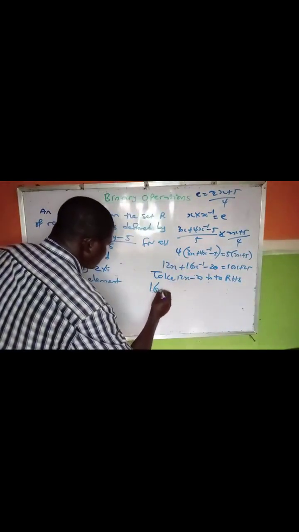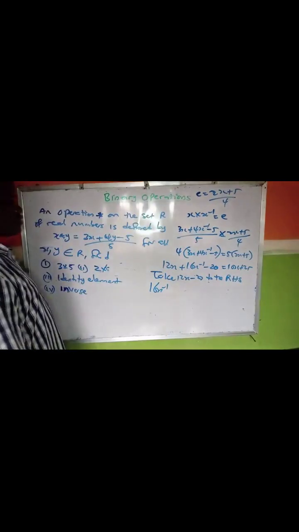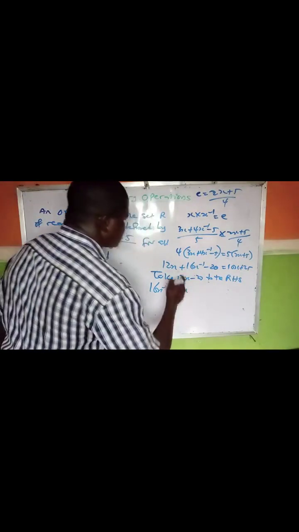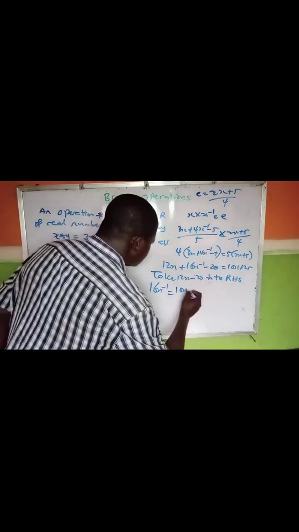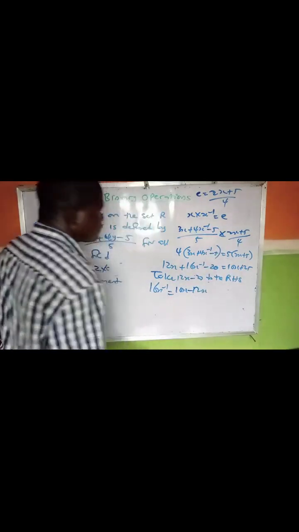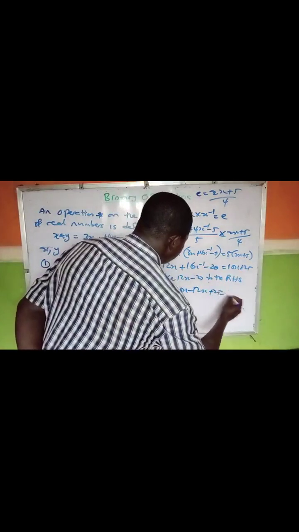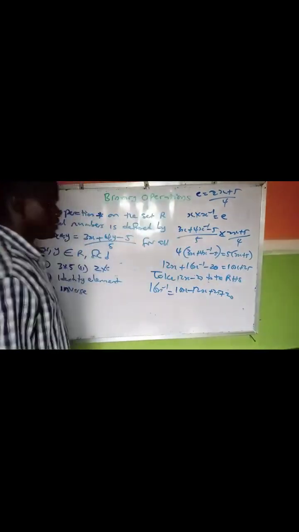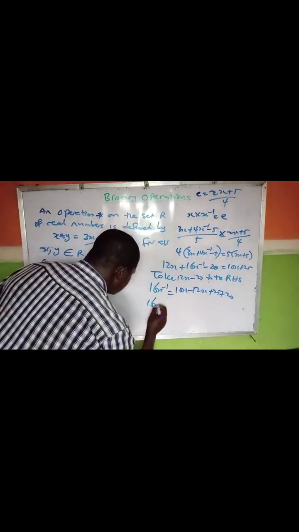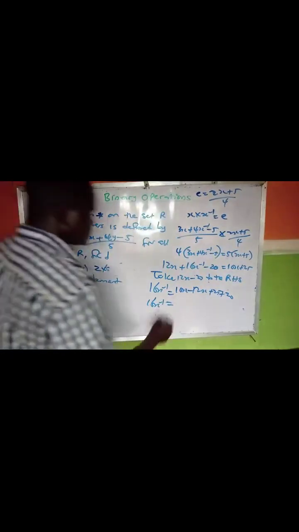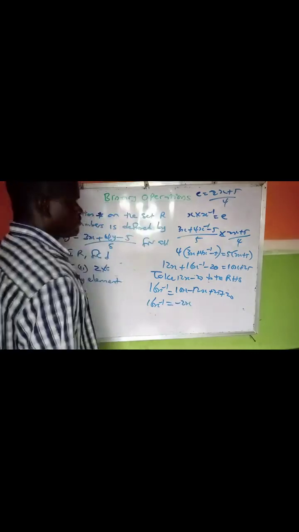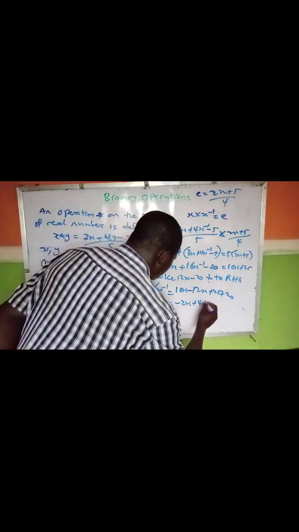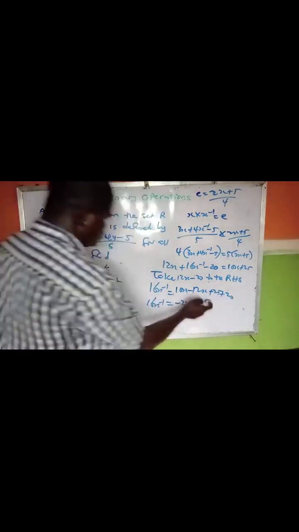So you will have 16x to the power minus 1 equal to 10x minus 12x plus 25 plus 20. Then here you will have 16x to the power minus 1 equal to minus 2x plus 45. So add this to this, you will have that.